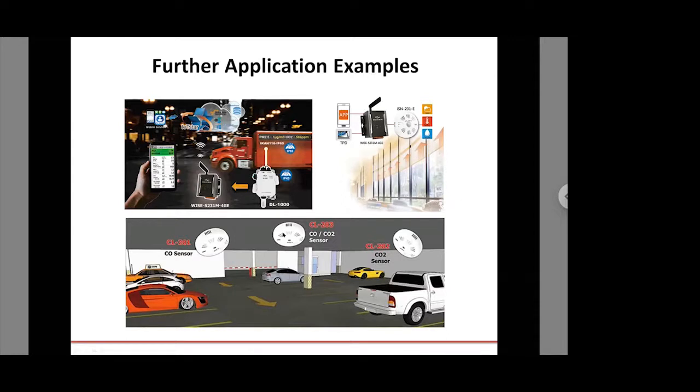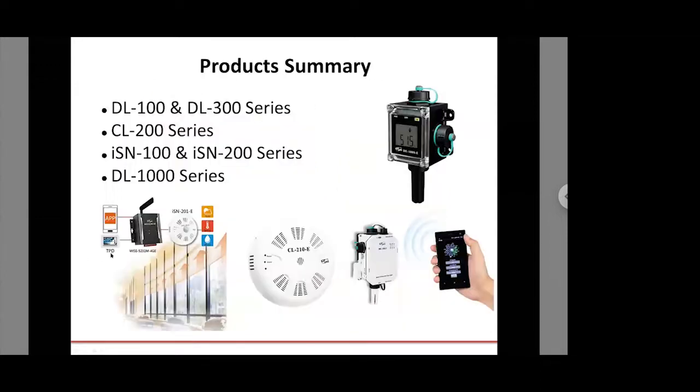And at the very bottom, we have a parking garage application for our DL200 series, measuring carbon monoxide and carbon dioxide concentrations at different parts of the parking garage, and sending it back to the central control system or triggering alarms from the modules, because some of those do have the relay output.